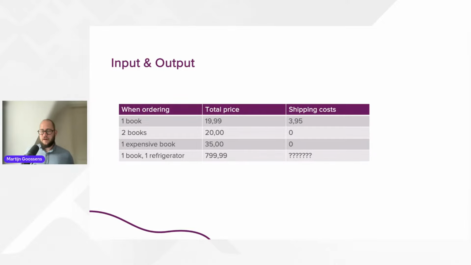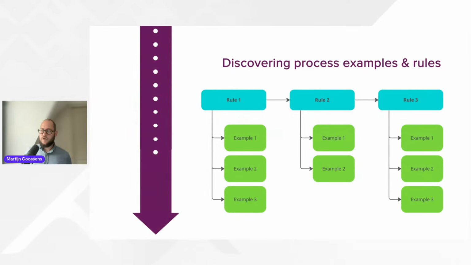Shipping cost might be very easy, but what if you have consecutive rules, things that follow each other, right? The guideline that we advise is that you go from left to right. The most important rule, the thing that needs to work all the time, goes on the left side. Anything that follows, for example, is there a fridge included or any electronics device, or it could be weight, that could be the second rule.